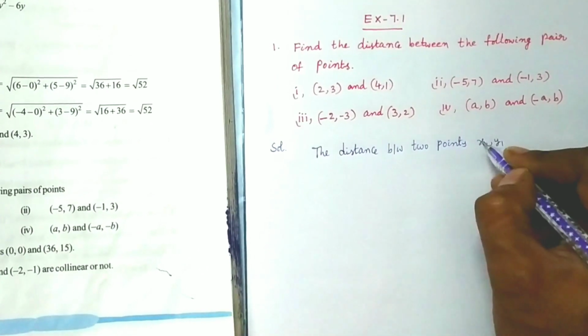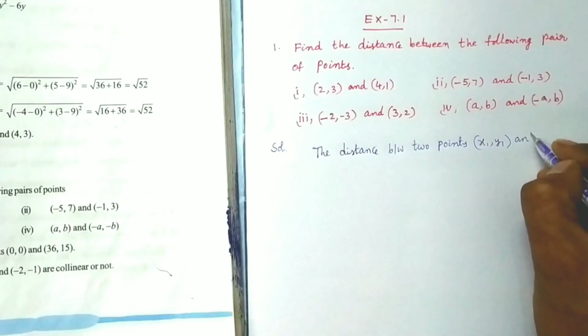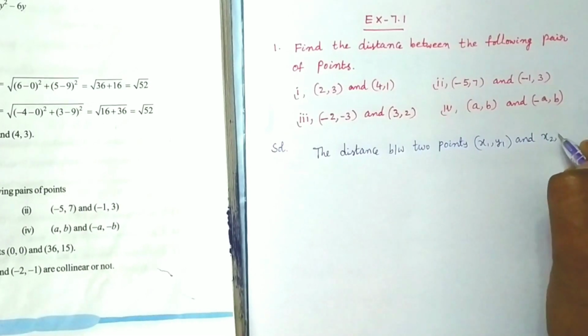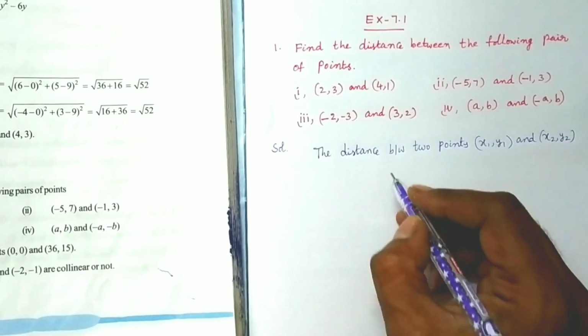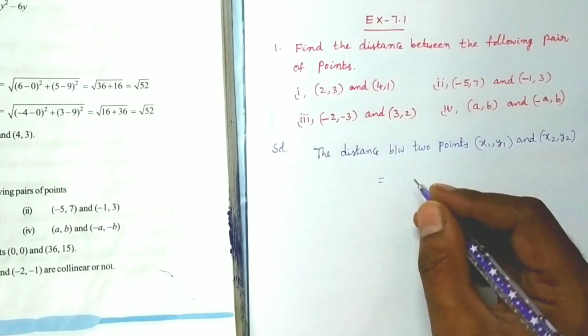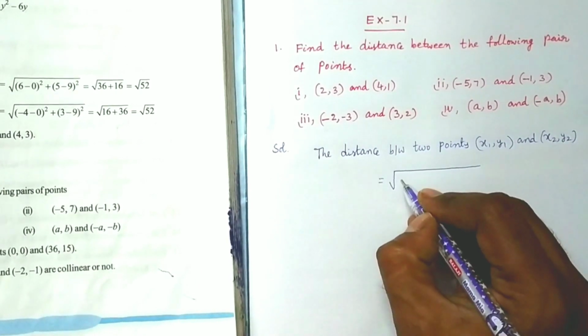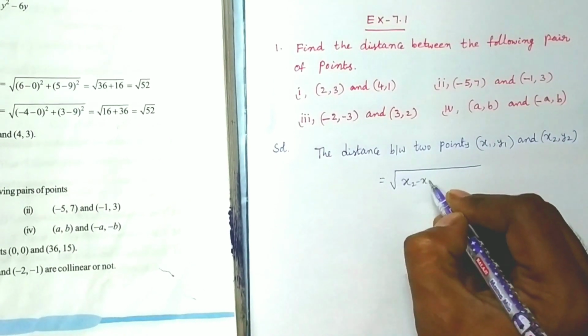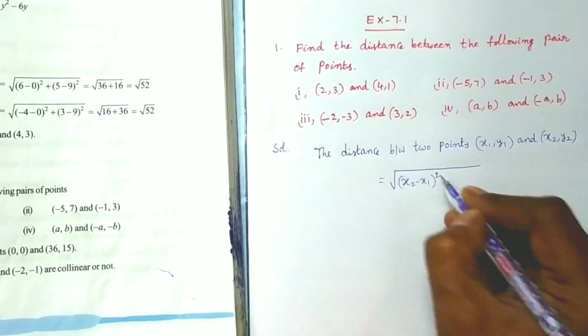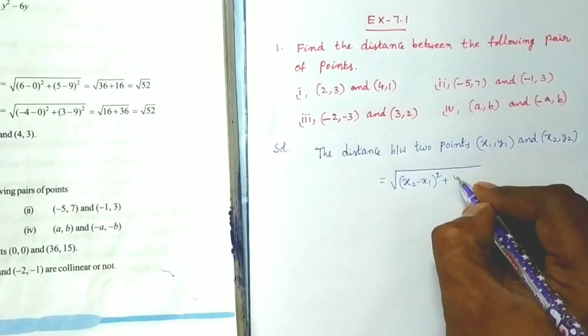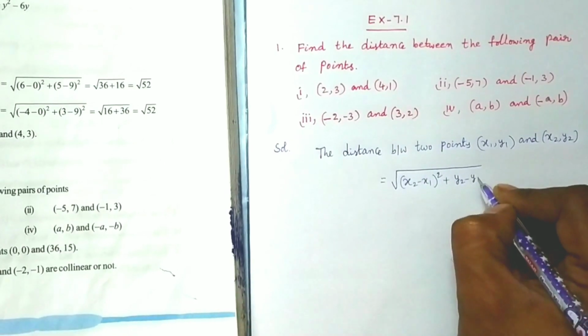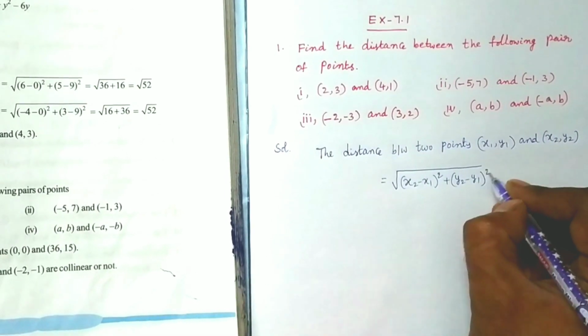(x1, y1) and (x2, y2) is equal to square root of (x2 minus x1) whole square plus (y2 minus y1) whole square.